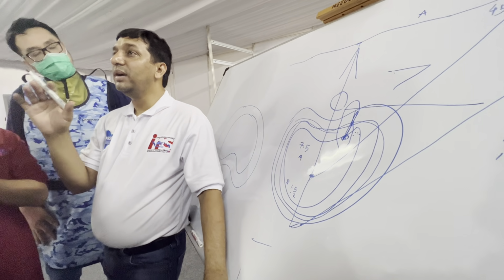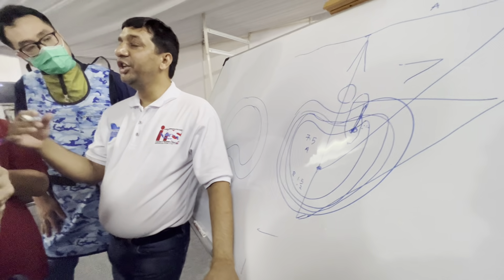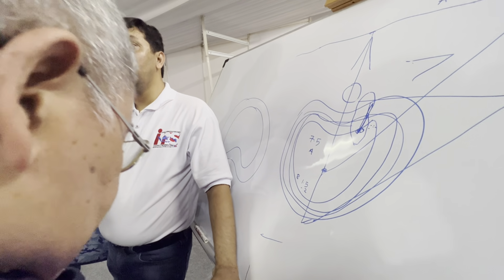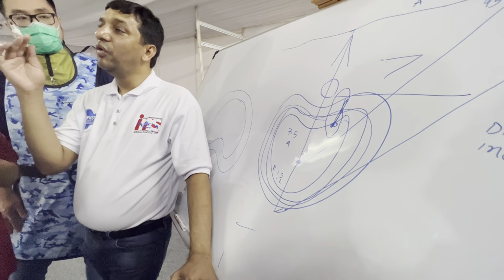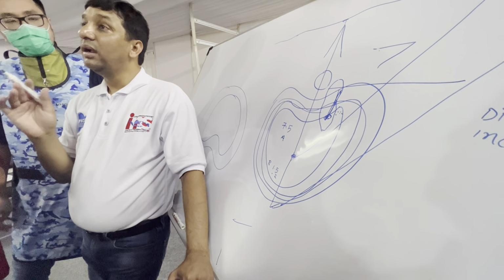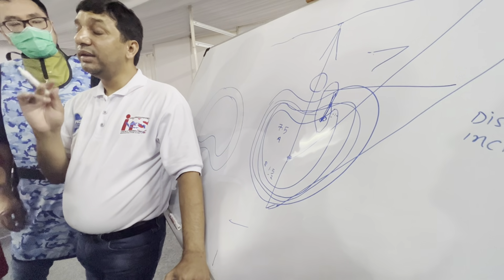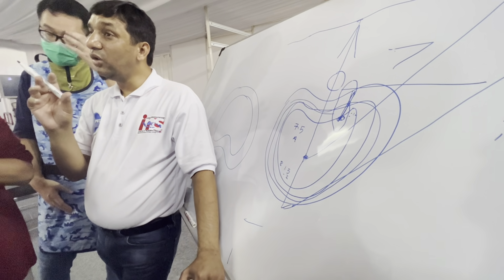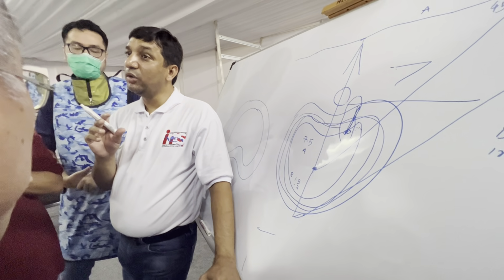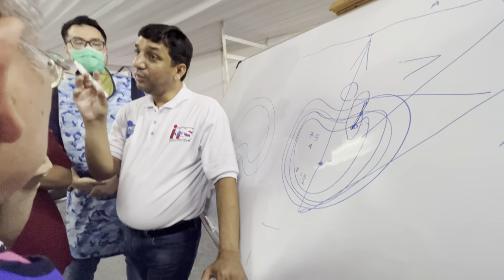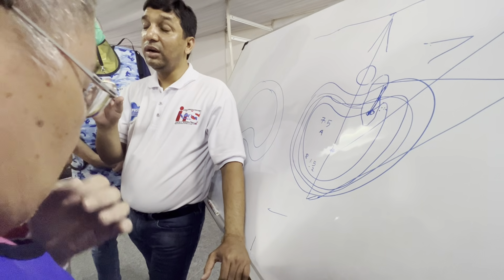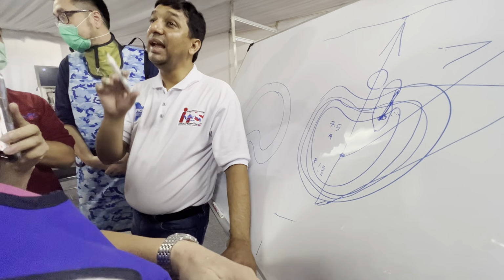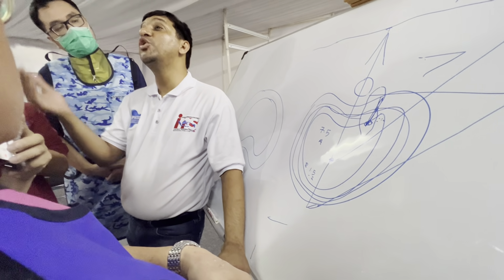That's why, when you initially start doing transforaminal endoscopy, it's always better to go with the inside-out technique, where you go inside the disc. In the inside-out technique, we remove the herniation and we also remove the free fragments of the disc which are likely to herniate in future.